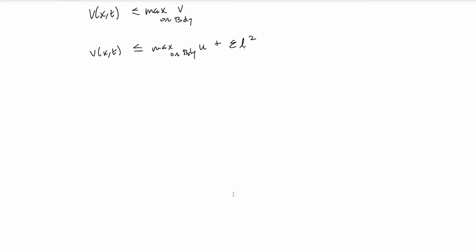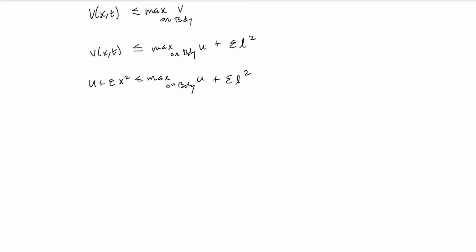Well, now, if v is equal to u plus epsilon x squared, that means that this expression here is also less than or equal to the maximum on the boundary of u plus epsilon L squared. Right?